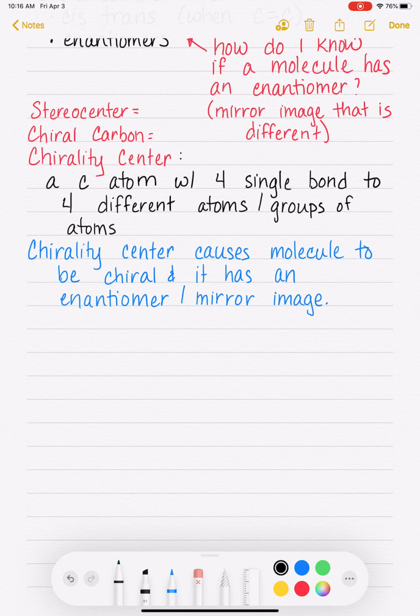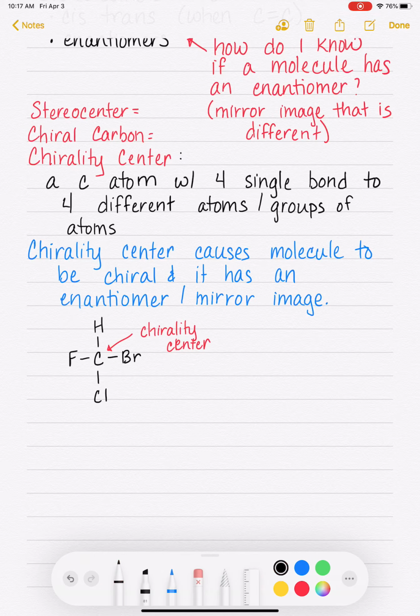So let's draw a picture of a molecule that has a chirality center. We're going to make a carbon, we'll put a hydrogen on it, we'll put a bromine on it, we'll put a chlorine on it, we'll put a fluorine on it. That's a carbon atom that has 4 single bonds, and those single bonds are to 4 different things: a hydrogen, a bromine, a chlorine, and a fluorine. So that is a chirality center, or a chiral carbon, or a stereo center.